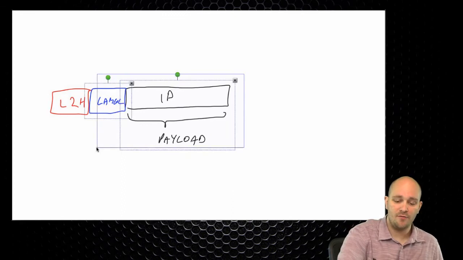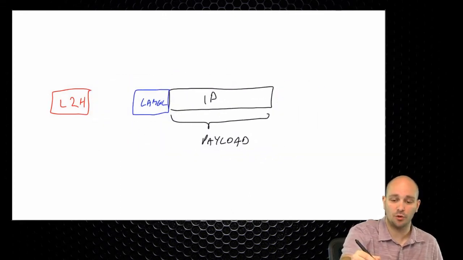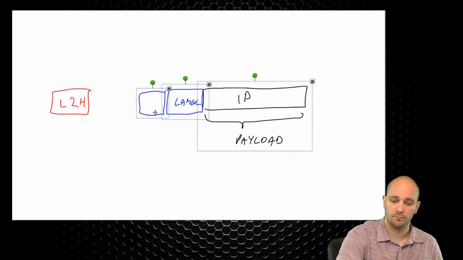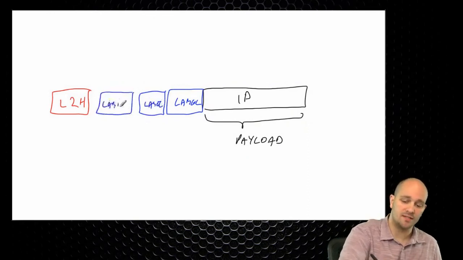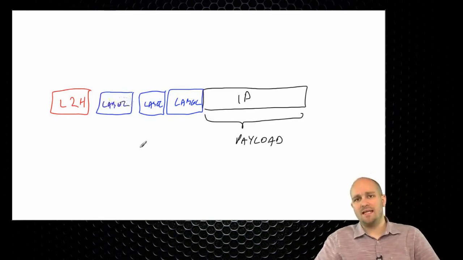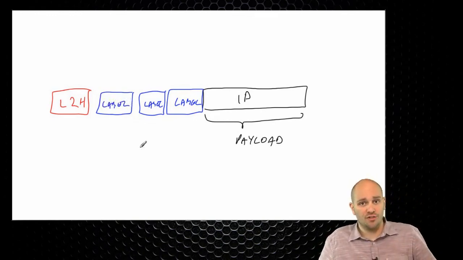Now, if you want to use multiple labels, basically what's going to happen is that you are going to have another label here and another label here, and as many labels as you actually want to have. Now, the point here is that you are, in most cases, going to see just 2 labels for most MPLS applications, but there are scenarios when you're going to have 3 or 4 labels on the stack.